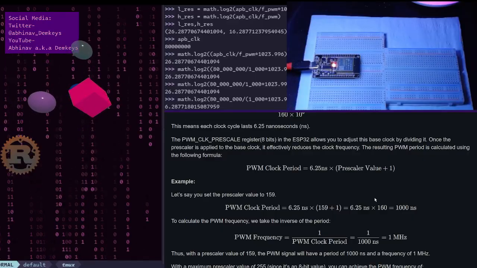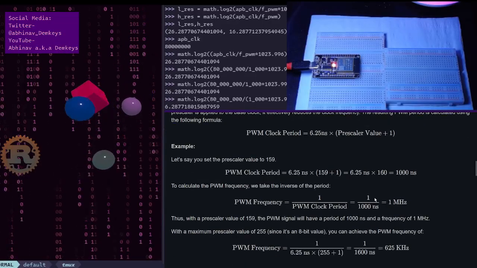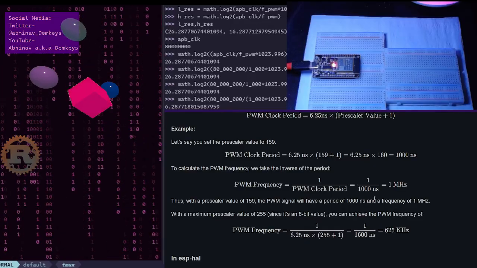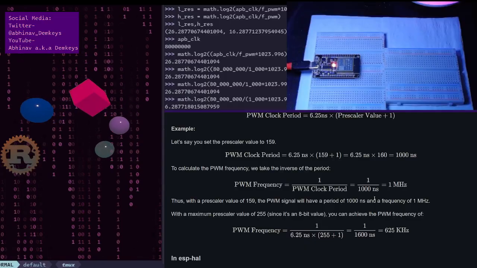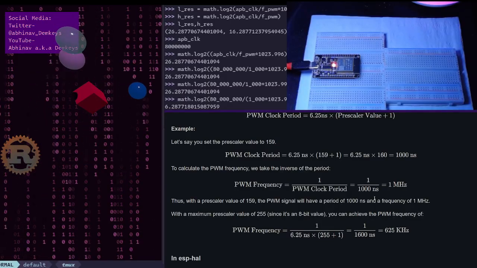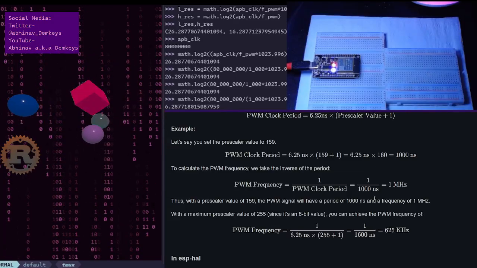Let's say you set the prescaler value to 159, then it'll be this multiplied by 160. I don't understand why the plus 1 is there, but okay. So then that gives us 1,000 nanoseconds.